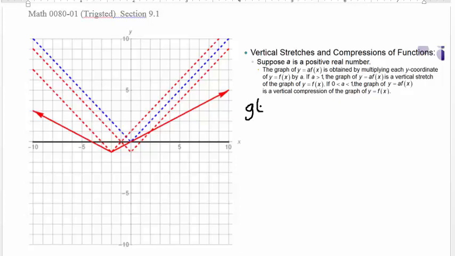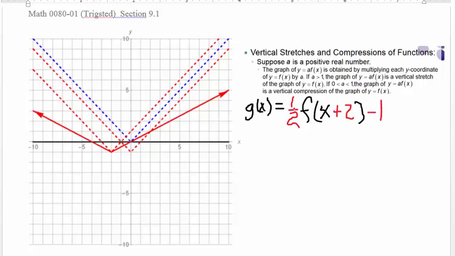And so we see that our function g of x is actually 1/2 times f of x plus 2 minus 1. So now we want to talk about that 1/2.